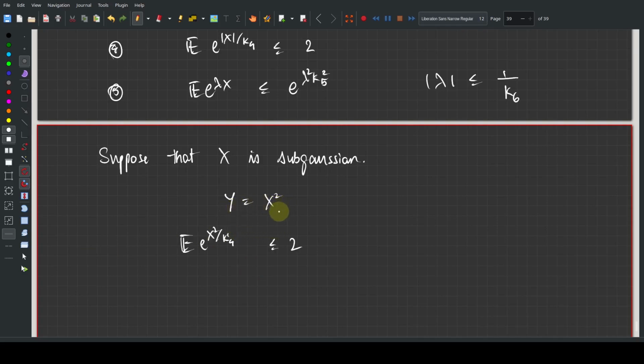But then Y is equal to X squared, so the absolute value of Y is also equal to X squared. So the expected value of e to the absolute value of Y divided by K4 prime is less than or equal to 2. Right? Which basically implies that Y is sub-exponential.